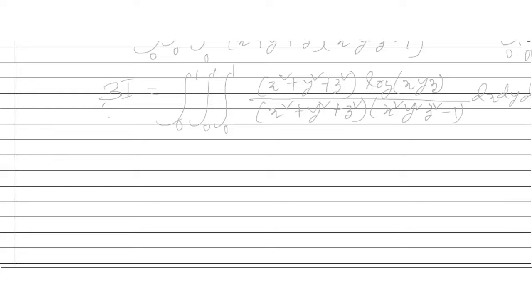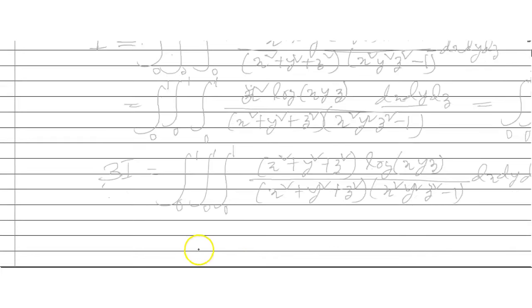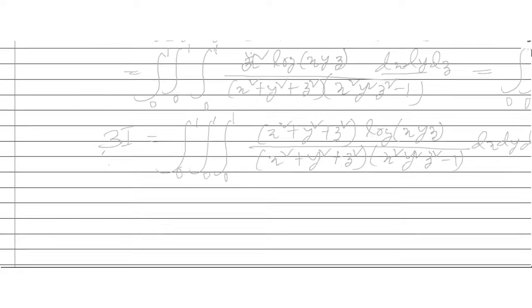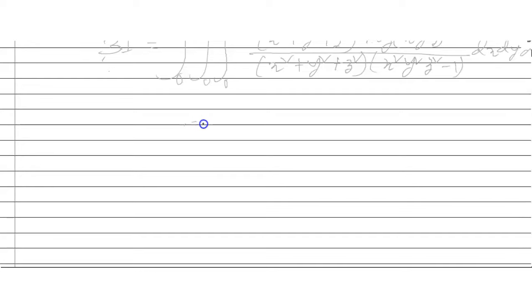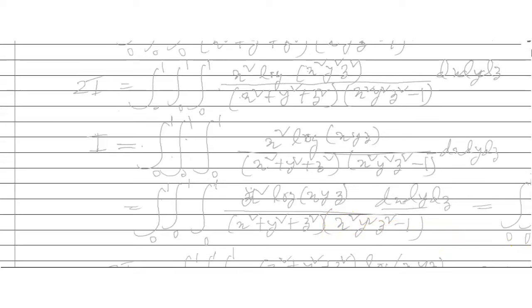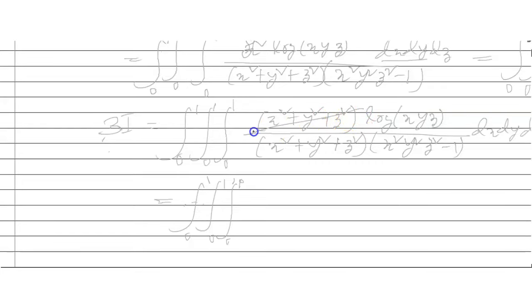So I get the value: this portion and this portion cancel, so I get log of xyz divided by (x square y square z square minus 1) dx dy dz.